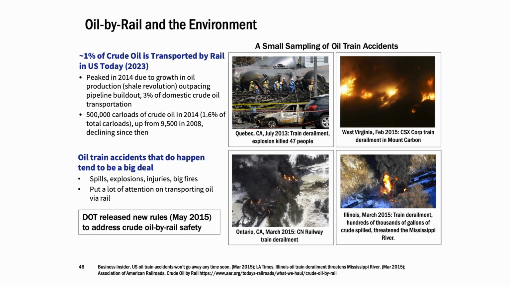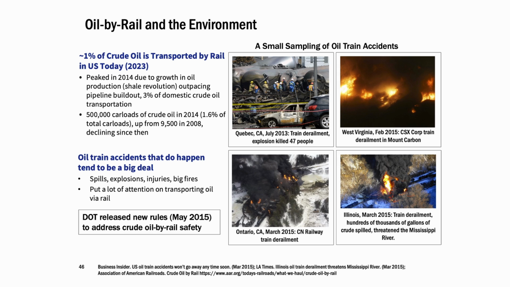Finally, I don't want to leave out rail. We don't move oil by rail very much, but we did see this spike in transporting oil by rail when the shale oil revolution was just getting started, because we didn't have pipe infrastructure for a lot of these new places that we were suddenly producing oil. South Dakota was not an oil producer before the shale revolution, so they did not have a pipeline infrastructure, and so they were shipping it by rail.